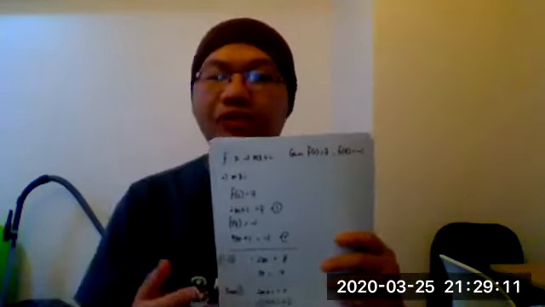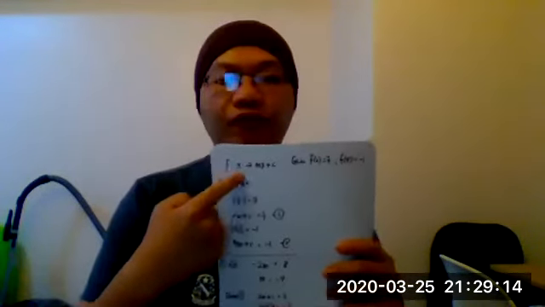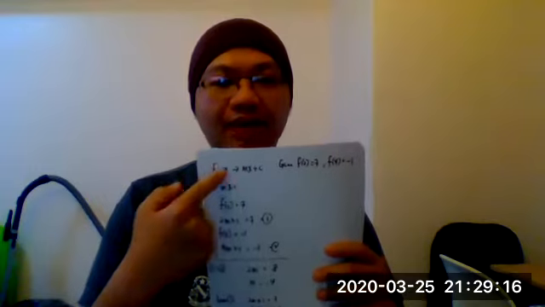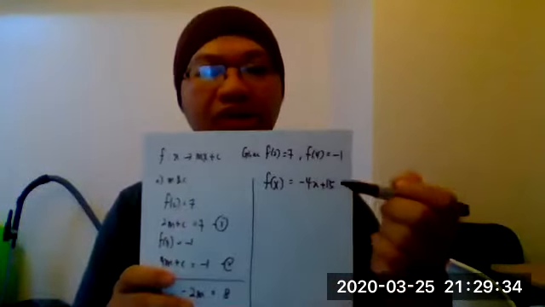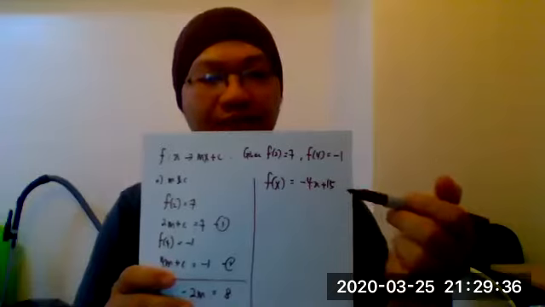What you need to do is update your function. So now f(x) becomes negative 4x plus 15. That is your original function after you update the value.